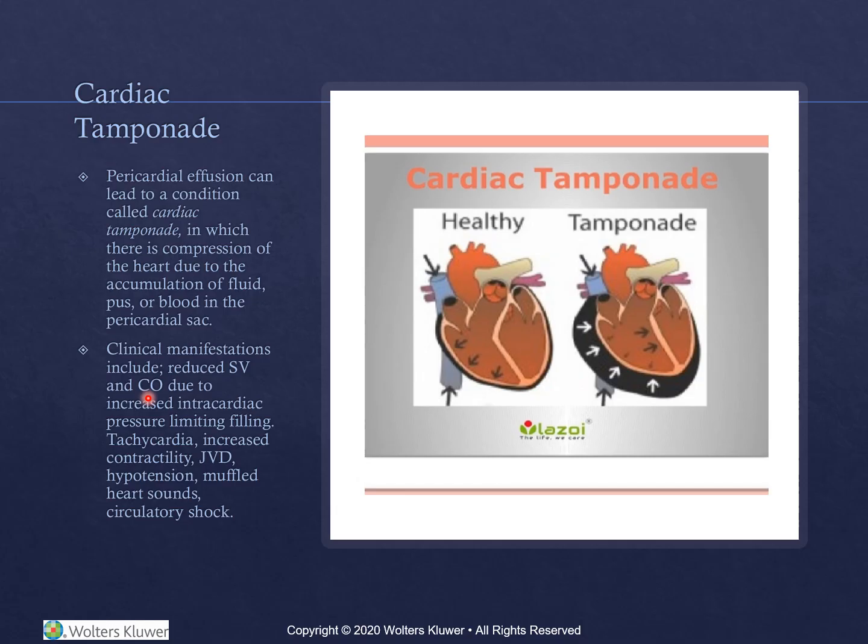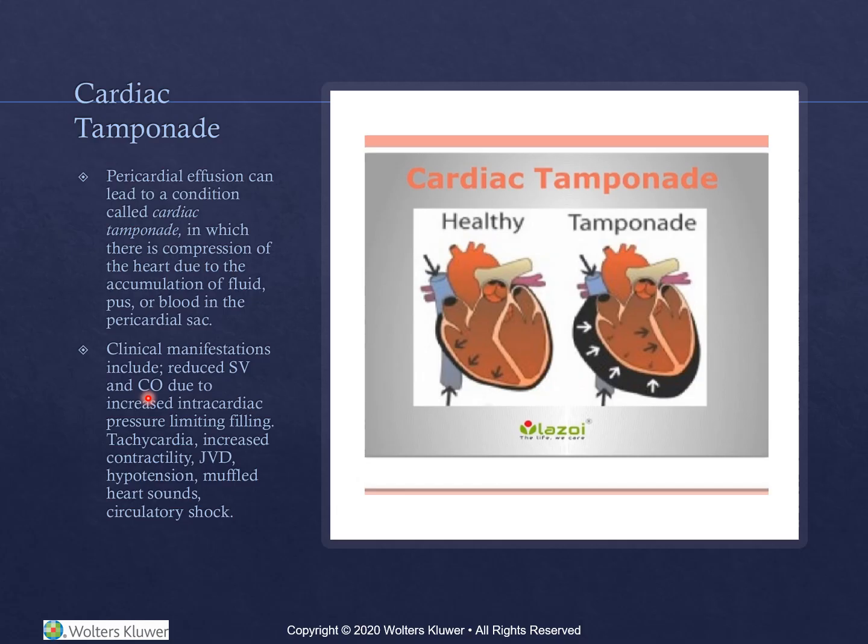Other things that happen, patients experience tachycardia and increased contractility of the heart as all of those systems within the body that sense low volume start to be activated, right? So now we have baroreceptors that are sensing low volume, and they react by signaling the sympathetic nervous system, and that sympathetic nervous system activation will increase heart rate and contractility in an attempt to increase cardiac output.